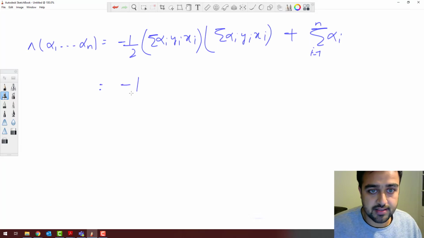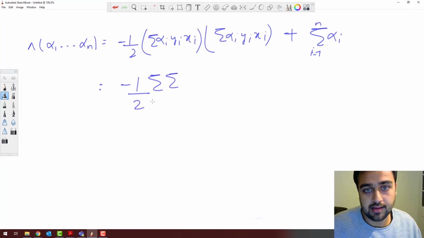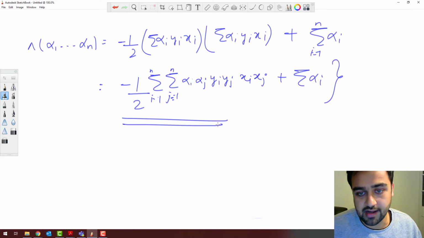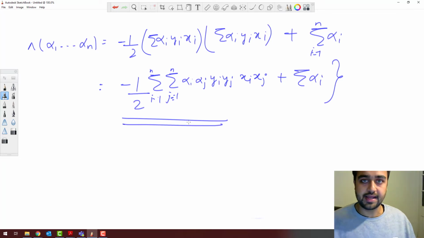So expanding this, we get sigma i goes from 1, j goes from 1 to n, alpha i alpha j yi yj xi xj plus sigma alpha i. I know it looks intimidating, but it's really simple. We'll take up an example and it will all be clearer to you.